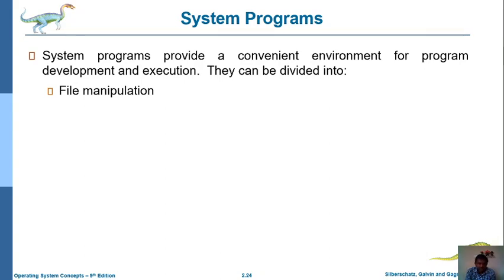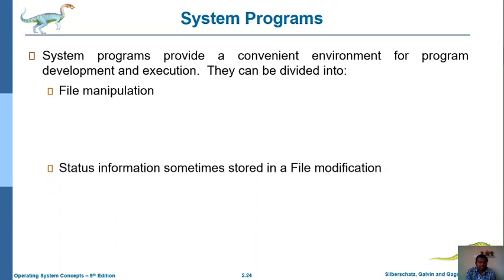Now we observe that several system programs are used to provide a convenient, user friendly environment for the users. In this process, the entire set of operating system services or tasks was divided into several parts.